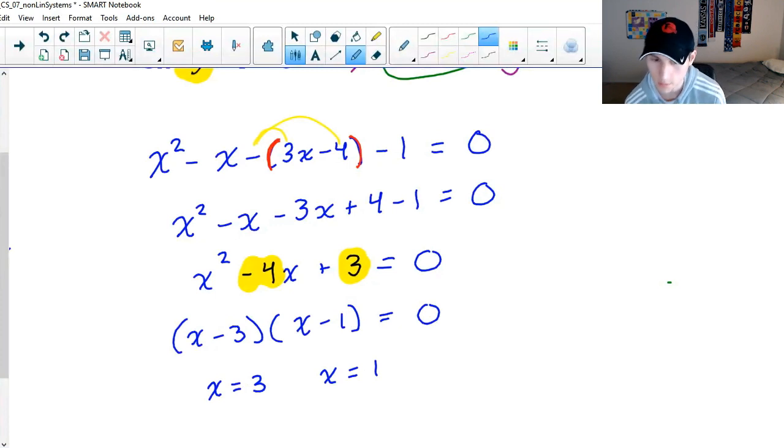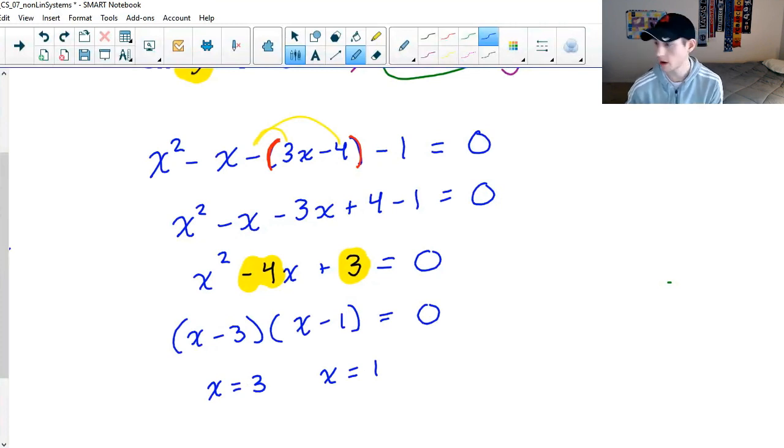For the second factor, I would get x equals 1. Okay, so I'm definitely going to have more than one solution here because I have two distinct separate x values. I have an x value that's 3. I have an x value that's 1.